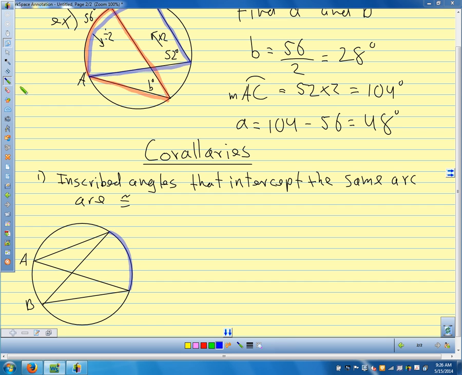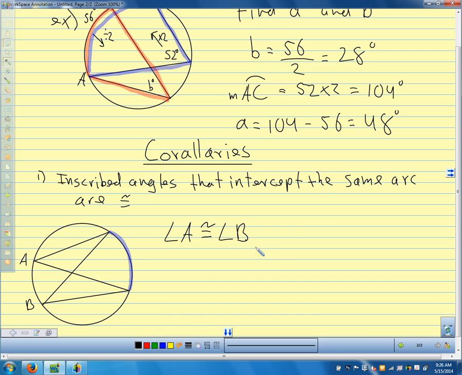Both those angles intercept the same arc, so angle A is congruent to angle B. So that's a nice little thing that we can figure out right away, because we use the same rule to get to angle B as to angle A. Divide the arc by 2, and we get to both of those angles.